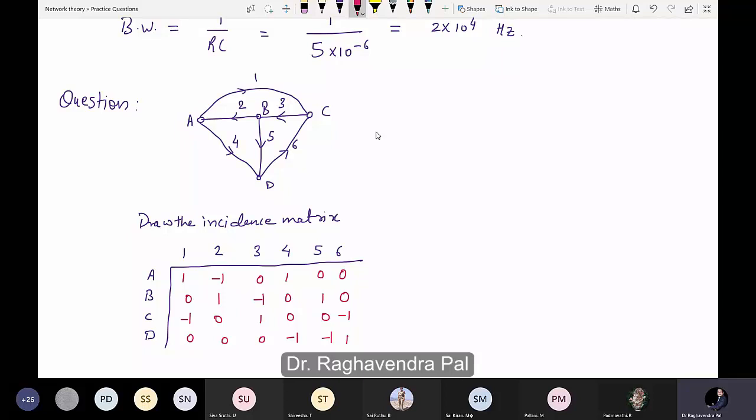To check, just sum the columns. 1 minus 1, the summation equals 0, so it is correct. Minus 1 plus 1, summation is 0. Minus 1 plus 1, 0. Plus 1 minus 1, summation is 0. 1 minus 1 minus 1, 1. So the summation of all the columns is 0, so your incidence matrix is correct. Okay.